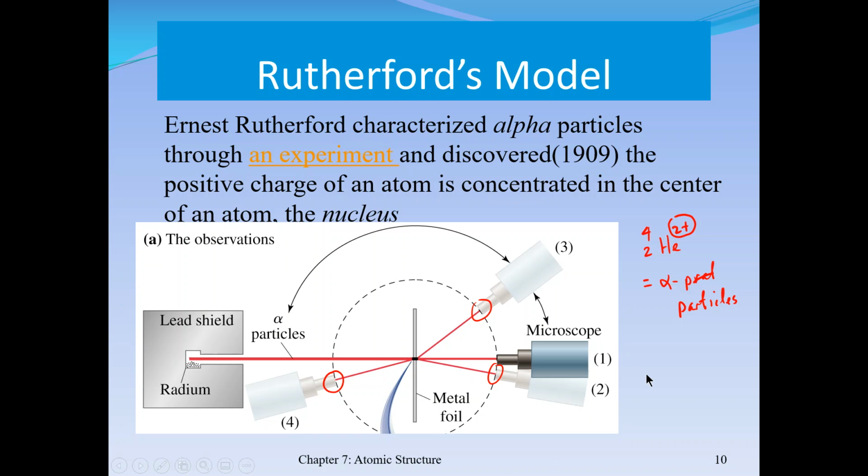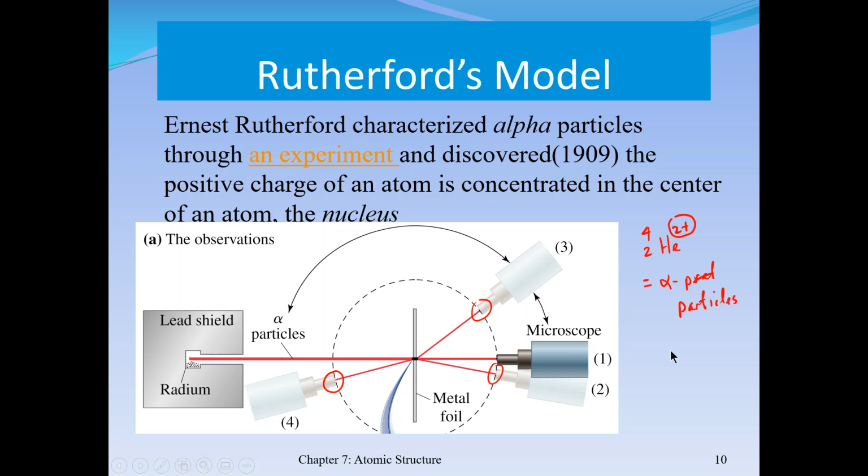So what that tells us is that basically the model put forward by J.J. Thomson was incorrect, because if it were correct that the bulk of the size of the atom is taken up by the nucleus, then these positively charged particles would not pass through the gold foil. They'd be turned back. All of them would be turned back when they come into contact with the atom.